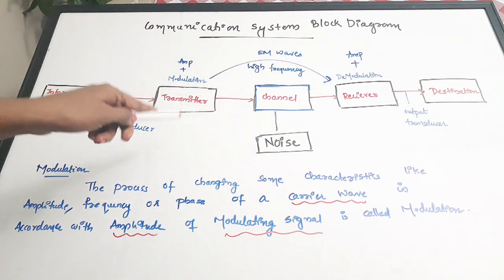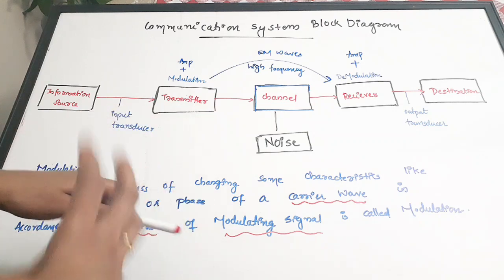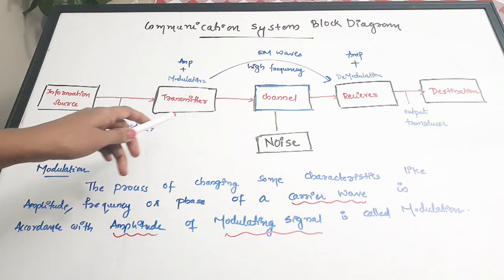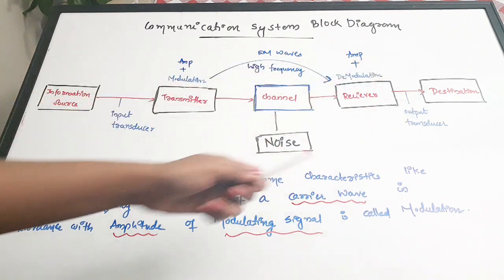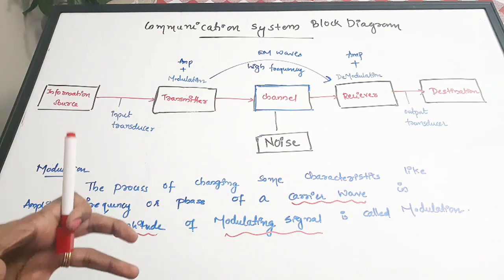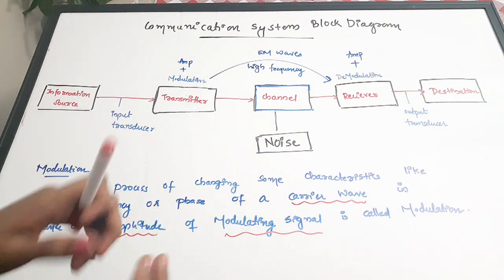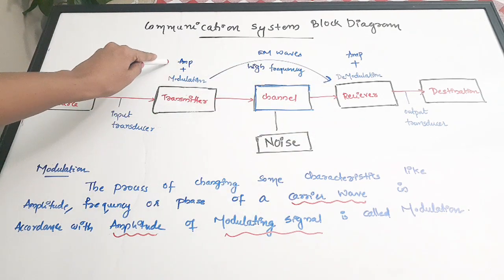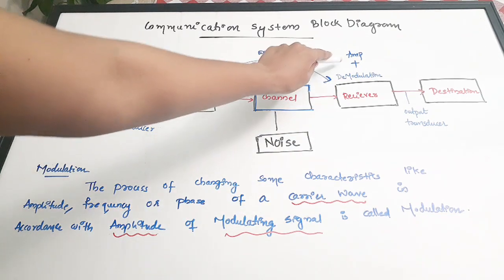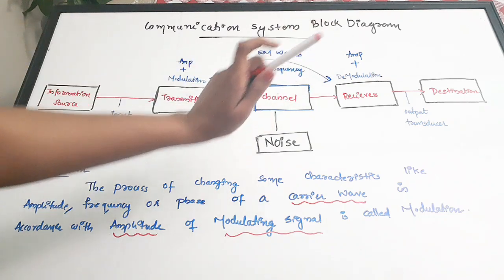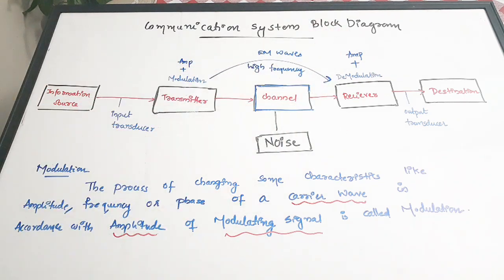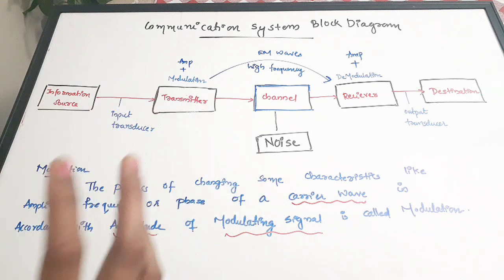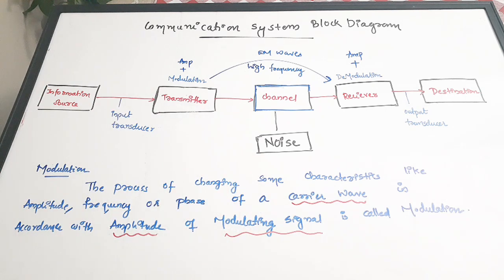We have modulated the signal, or we are sending a higher frequency waveform, but we need our original message or original information. So what will we do? We will perform a demodulation. Here there is amplification and modulation happening. Here there is again amplification and demodulation happening. So those are the two basic operations happening in the receiver.